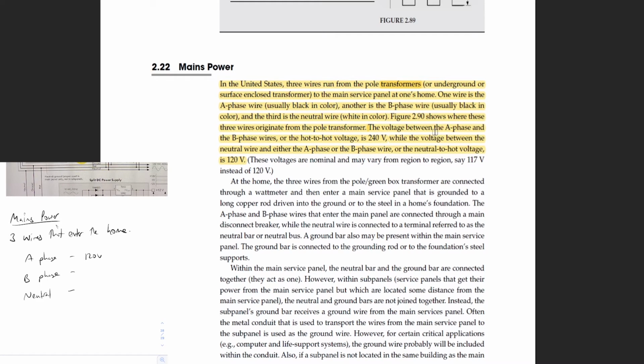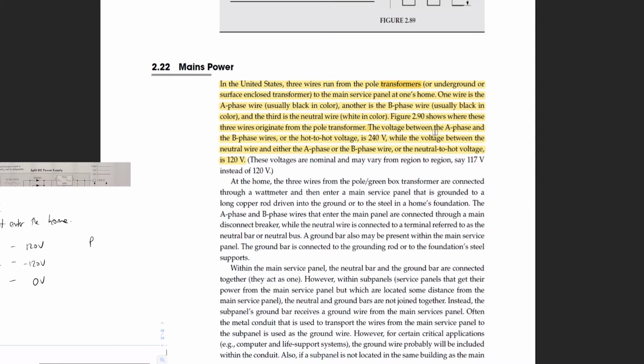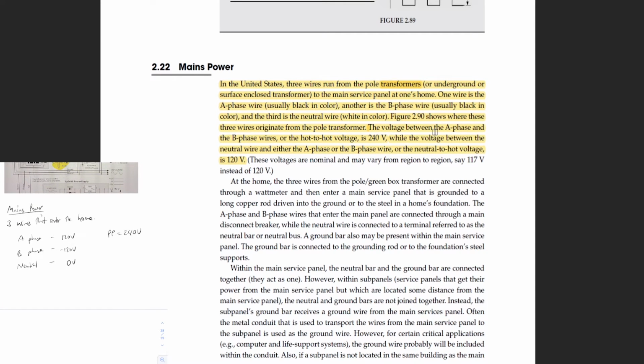So you've got 120 volts, minus 120 volts, and 0 volts. So there's a peak to peak of 240 volts. Okay, these voltages are nominal and may vary from region to region, say 117 volts instead of 120 volts.